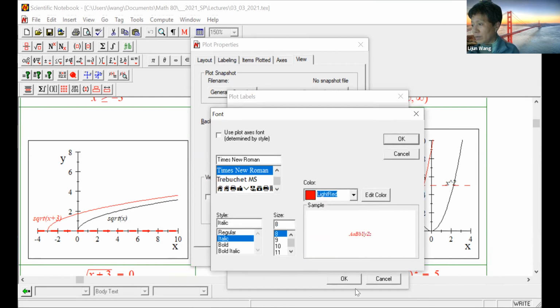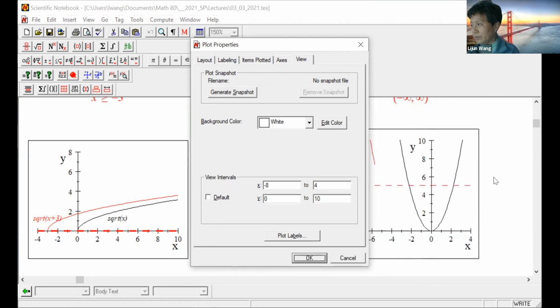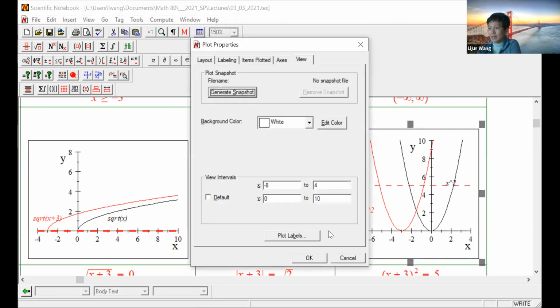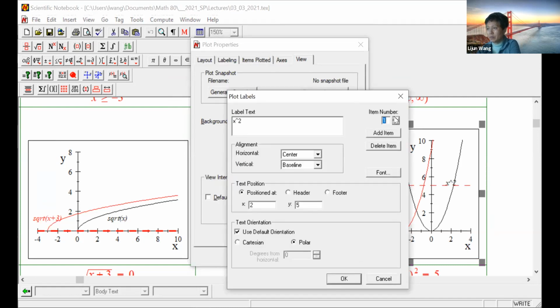And I hope this will help you to see the comparison. This is the red one, it's x plus 3 squared. How is that? Is that helpful?